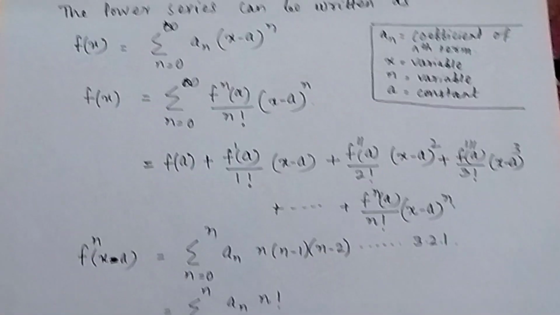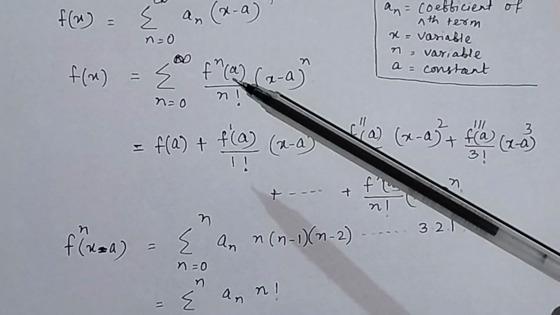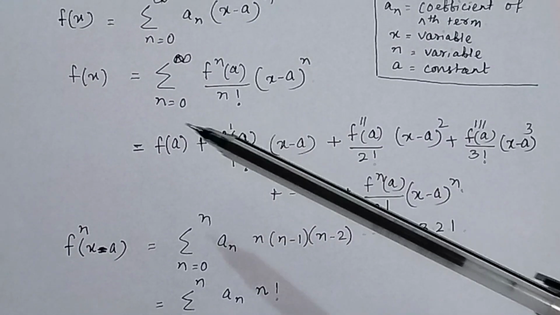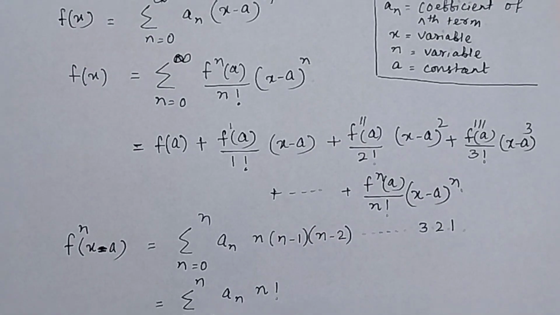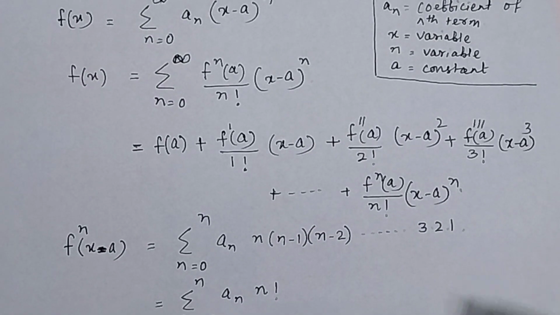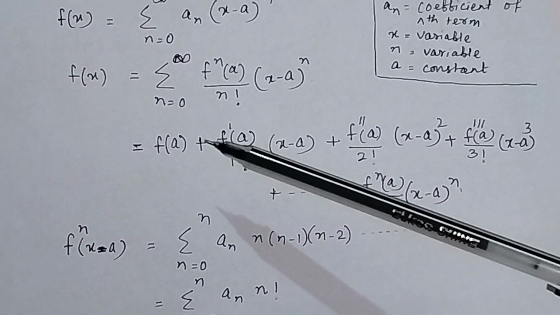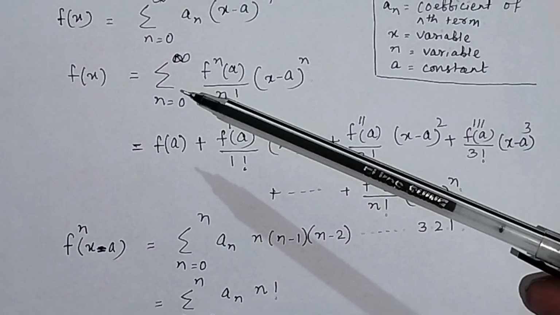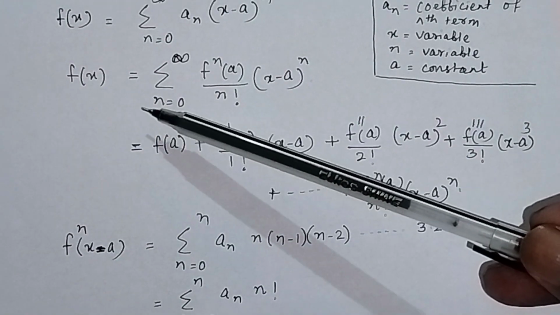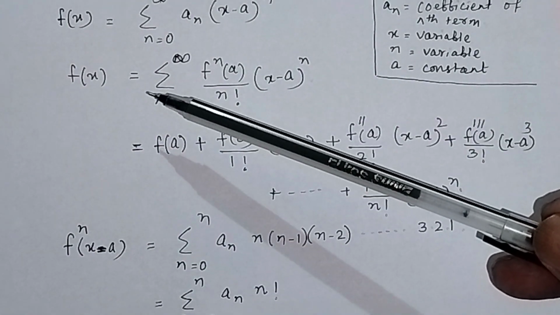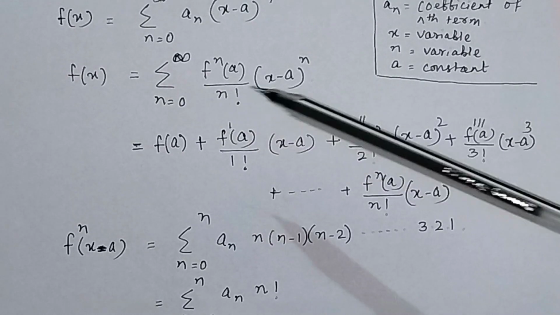So if you substitute the value of a_n in the power series, you will get the Taylor series in this form. And remember, in Taylor series, f(x) may be a real valued function or a complex valued function.